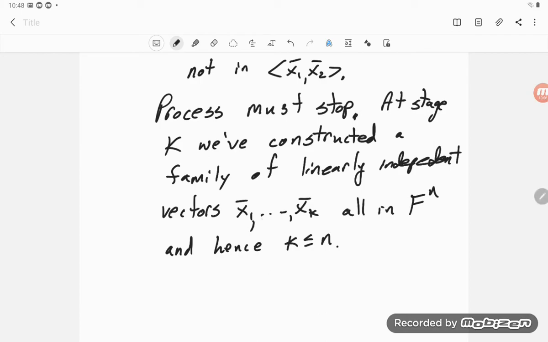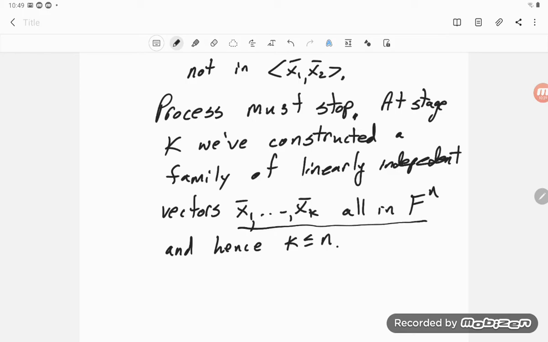And so they're saying it has to stop because at any given stage, we've constructed a linearly independent set, all in Fn, and that's the important part here.